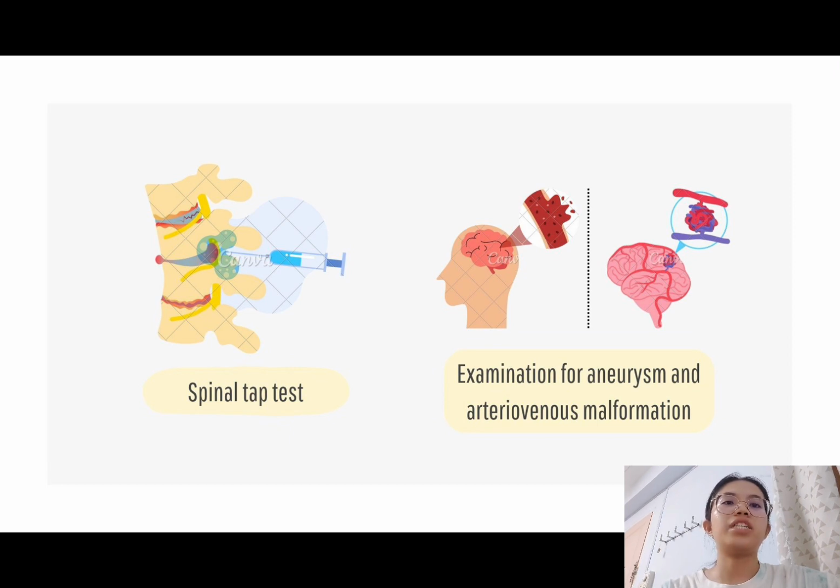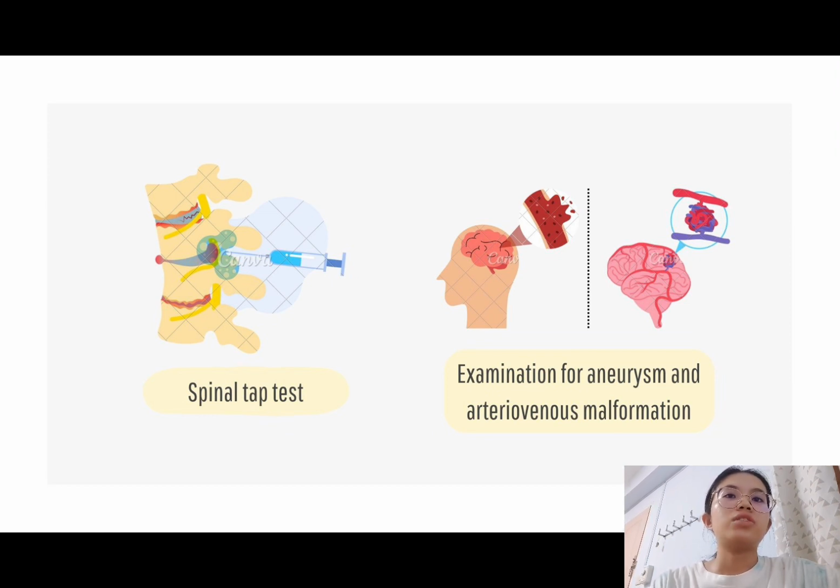arteriovenous malformation, or AVM. The bulging aneurysm can put pressure on the nerves or brain tissue. It may also burst or rupture, spilling blood into the surrounding tissue.